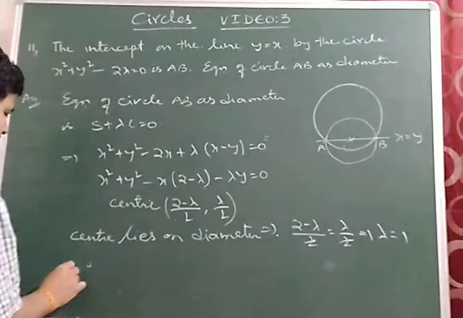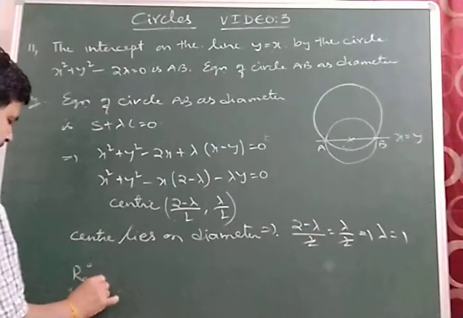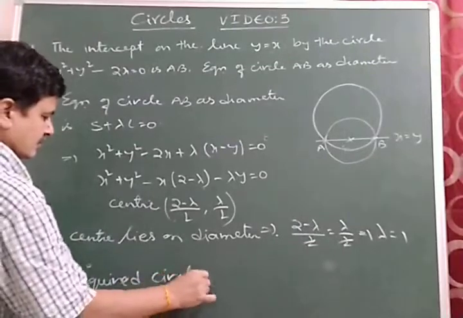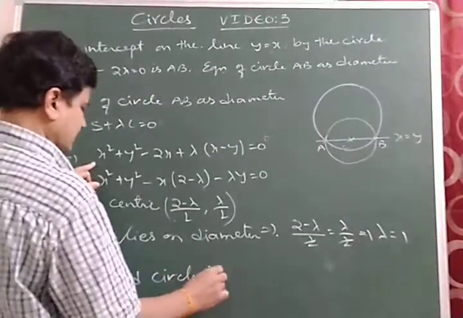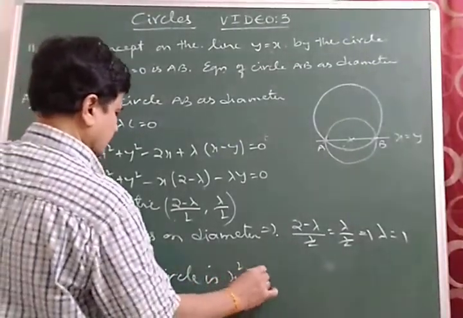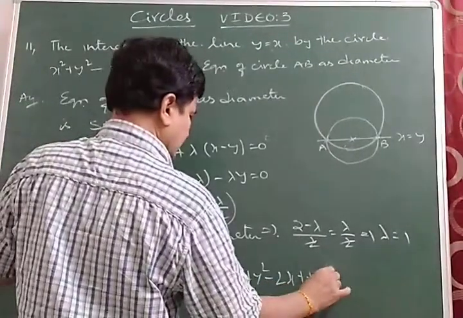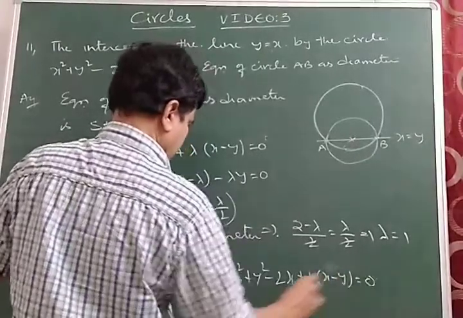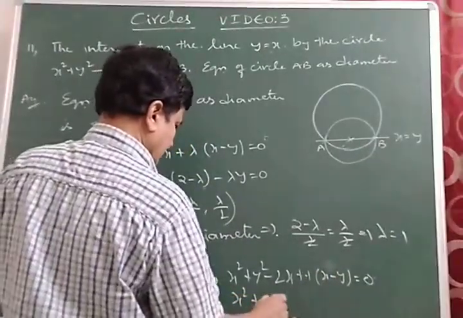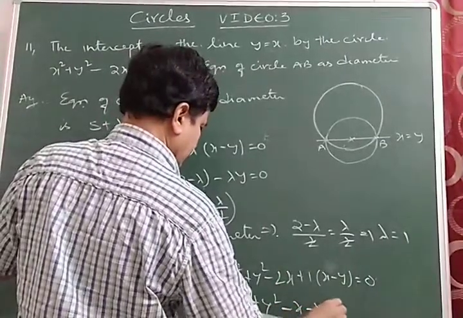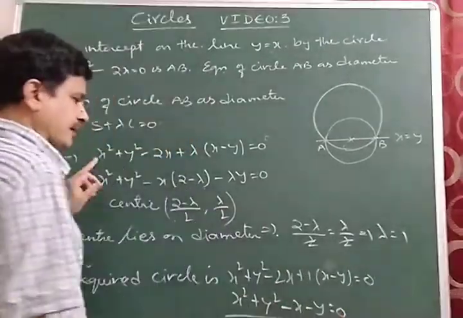Now the equation of the required circle is x square plus y square minus 2x plus 1 into (x minus y) is equal to 0. That is x square plus y square minus x minus y is equal to 0, which is the required equation of the circle.